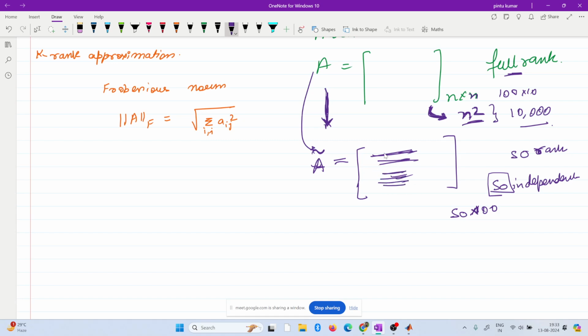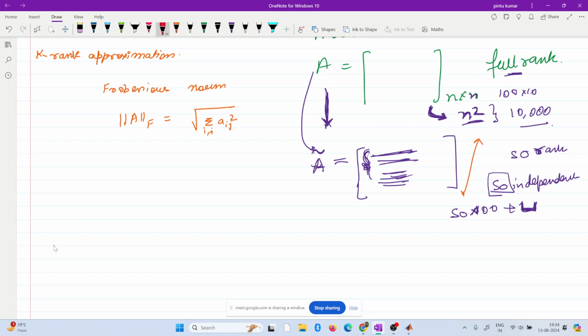Then the rest of the 50 rows can be written as a linear combination of these first rows. How they can be written, you can store very cheaply in the number of elements. So one application of this low rank approximation is that you can reduce substantially the number of elements required to store your matrix.